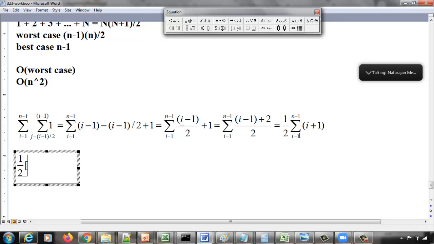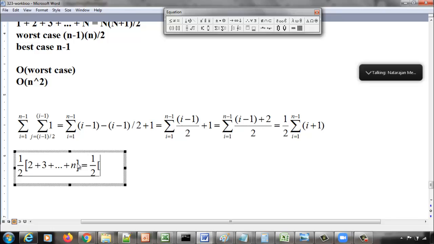One way to handle this is to substitute the different values of i and see how it comes out. If i equals 1, i plus 1 is 2. If i equals 2, i plus 1 is 3, and so on. For i equals n minus 1, i plus 1 is n minus 1 plus 1, which is n. So here we have 2 plus 3 up to n.